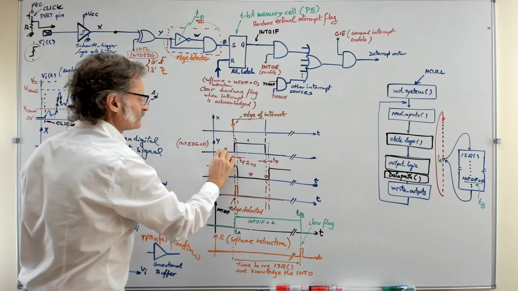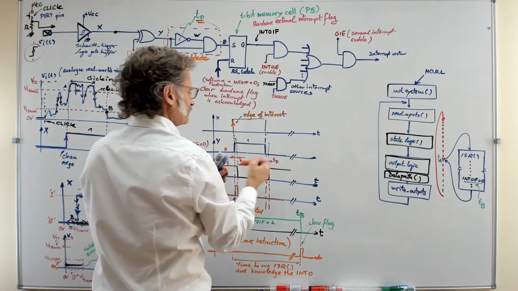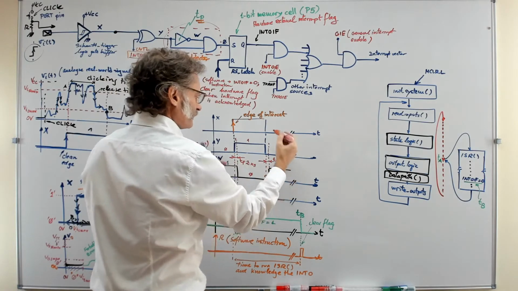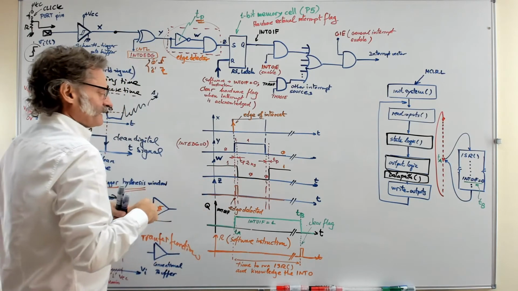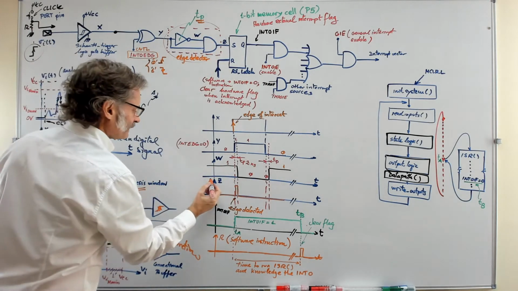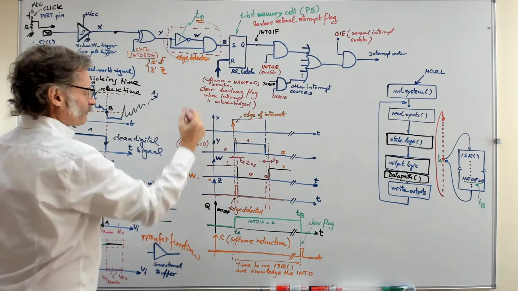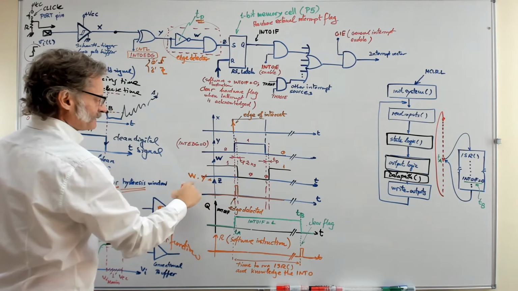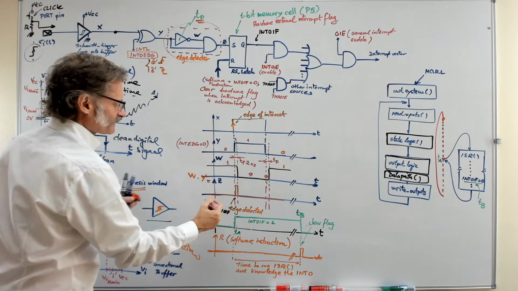So when this is 0, this is 1. When this is 1, this is 0. When this is 0, this is 1. Very well, a NOT, but delayed, you see? So Z is nothing but the logic operation W and Y. And W and Y looks pretty much like this.